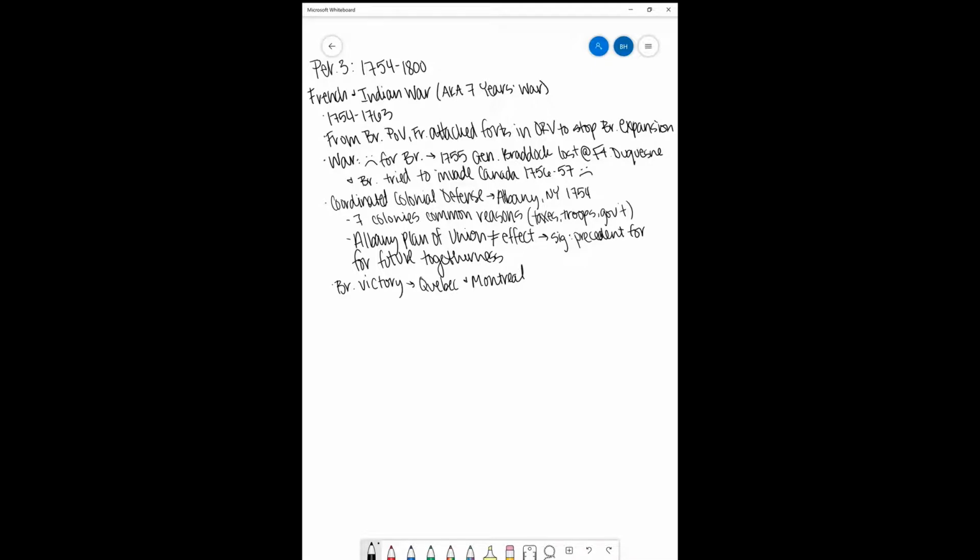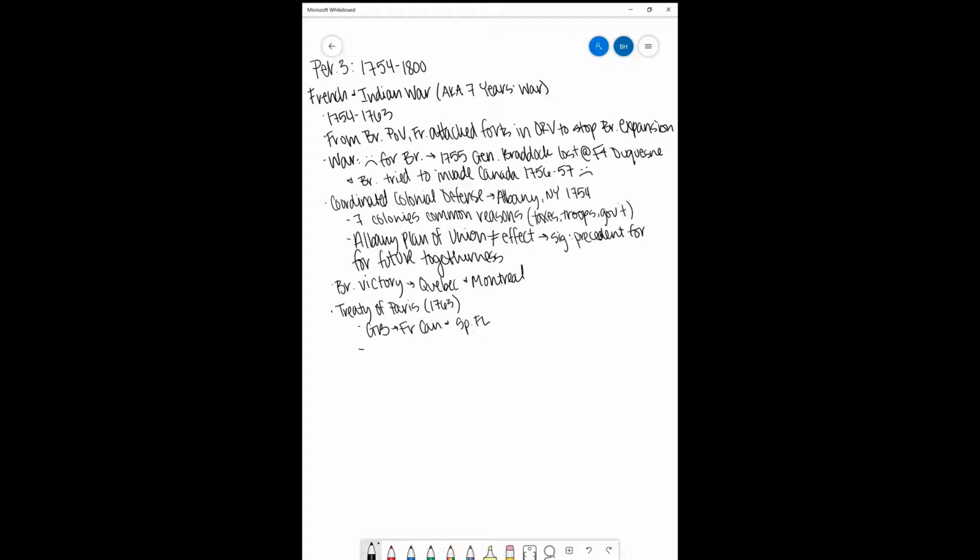So what ultimately ended the French and Indian War was the Treaty of Paris. And this is the one in 1763. And what it specified was that Great Britain would get French Canada and Spanish Florida.